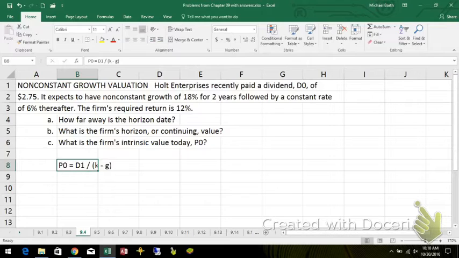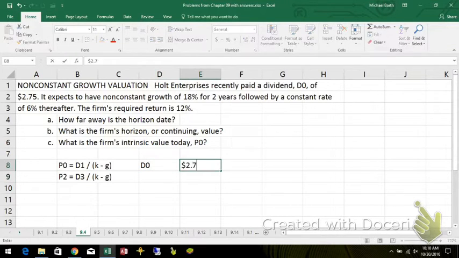What is the firm's horizon or continuing value? Okay, the horizon value would be the price at the end of 2 years, which would be the dividend in year 3 divided by K minus G. Okay, so to calculate what the dividends are, I know D0 was given at $2.75.